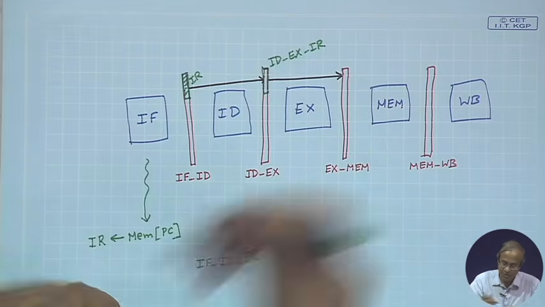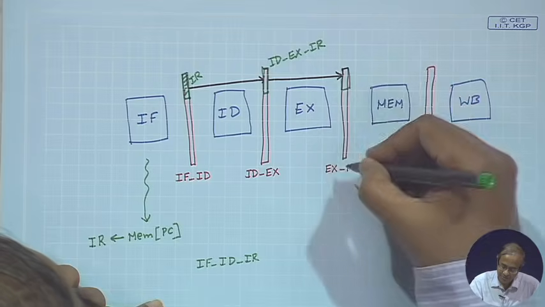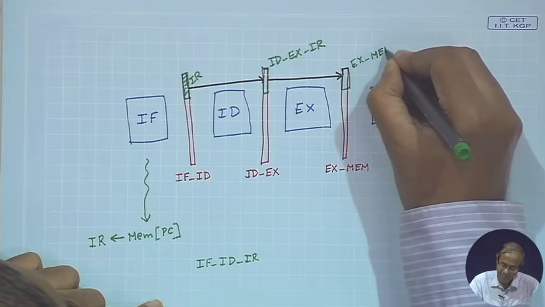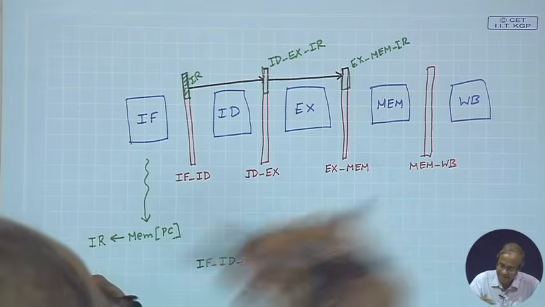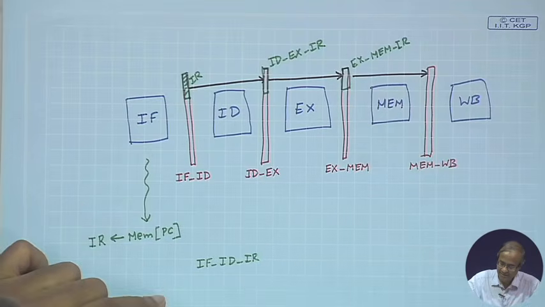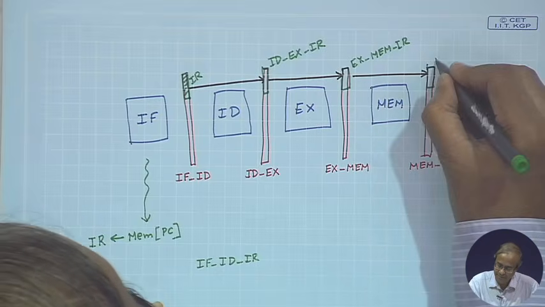So, there will be an IR register here, we will be calling it EX_mem_IR, and again this will also be forwarded here, and we will call it mem_WB_IR.